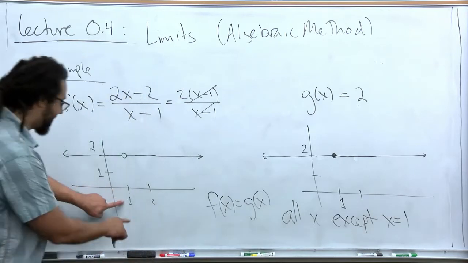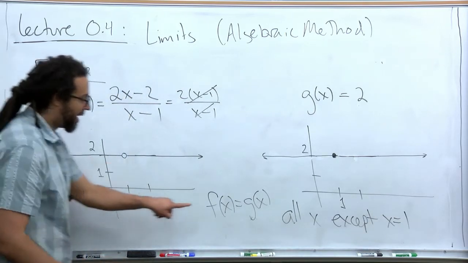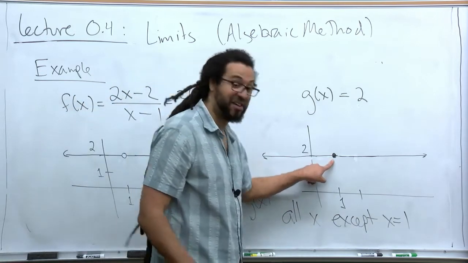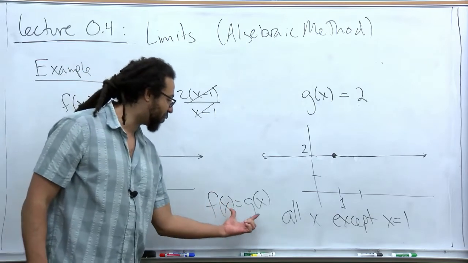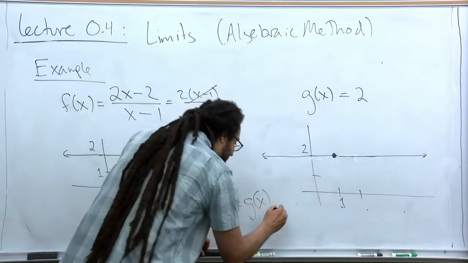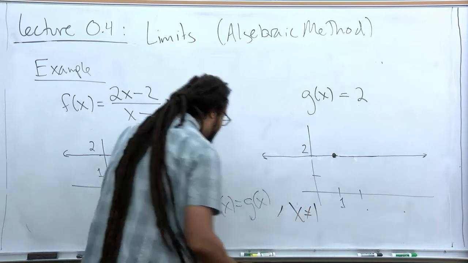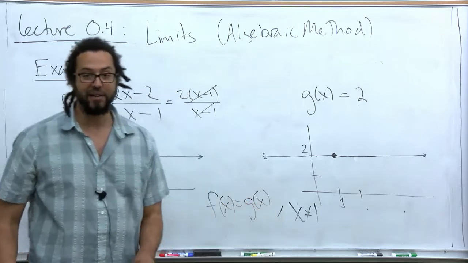Here at x equals 1, the function f is not defined. Here at x equals 1, the function g is defined and it's equal to 2. So these two functions are equal everywhere, and we must include the condition that x is not equal to 1.